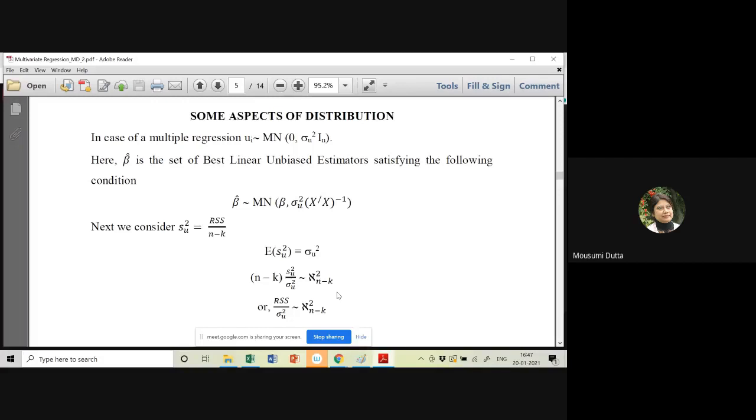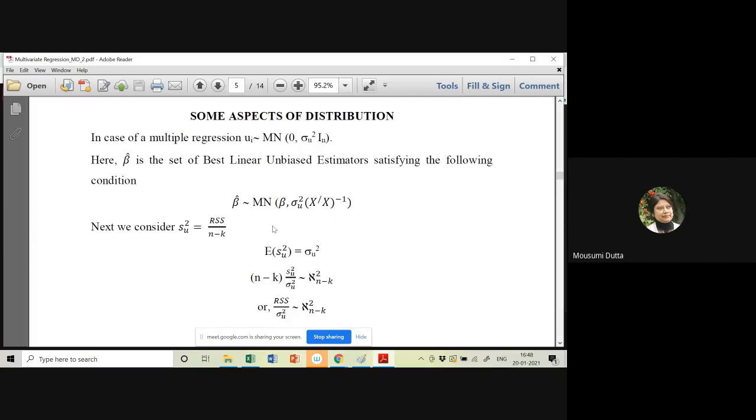So here, when you consider the ratio SU square by sigma u square and multiply it with n minus k, that follows a chi-square distribution with n minus k degrees of freedom. Actually, chi-square is the sum of squares of standard normal deviates.